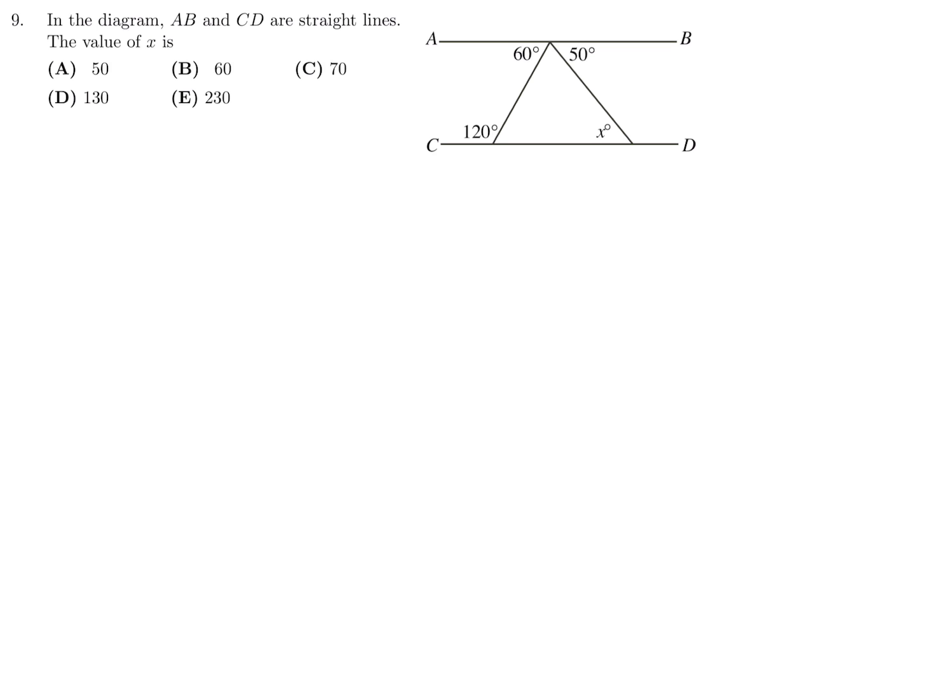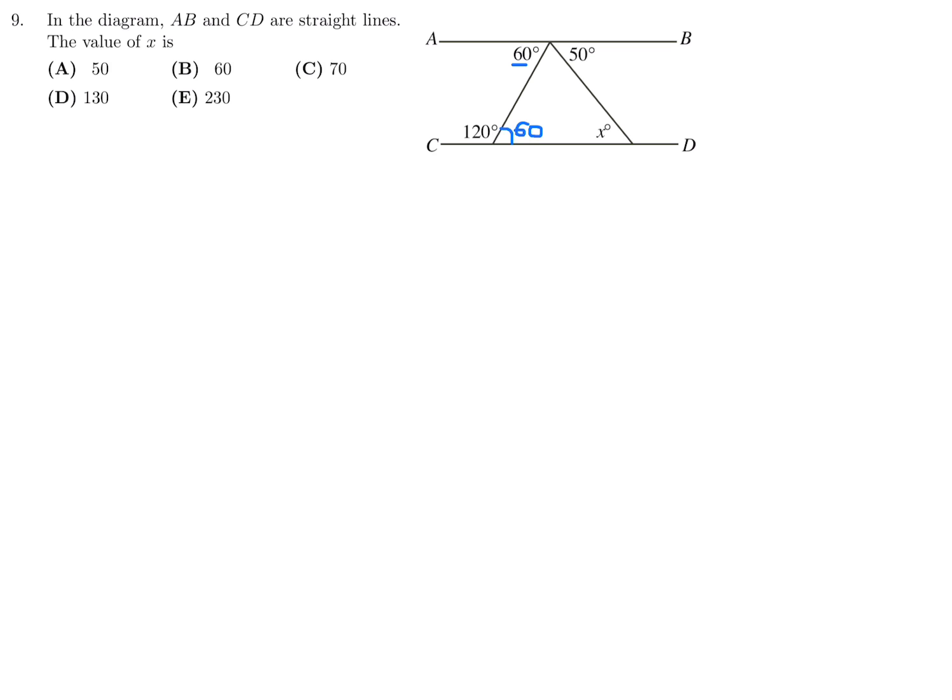In the diagram, AB and CD are straight lines. The value of x is. All right, there are lots of ways to do this. The sum of the angles about a line are always equal to 180. So if that's 120, this angle in here is going to be 180 minus 120, which is 60. In a very similar way, the sum of the angles about that line are also equal to 180.